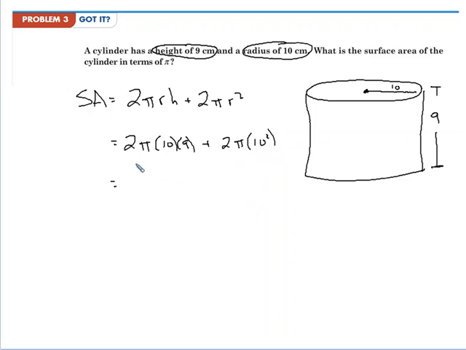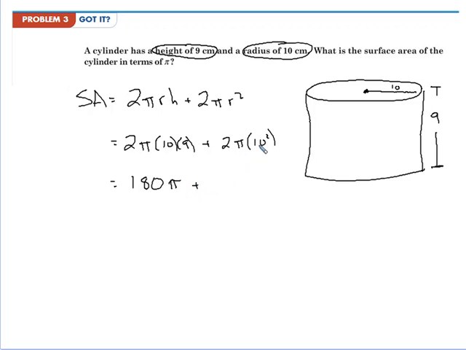Okay, so multiplying everything except for pi in the first term is going to be, let's actually do 9 times 10 first and get 90. And then since 9 times 2 is 18, 90 times 2 would be 180 times pi.